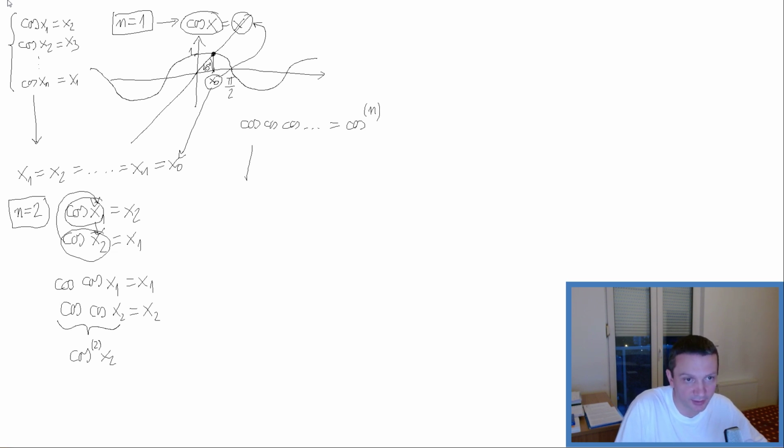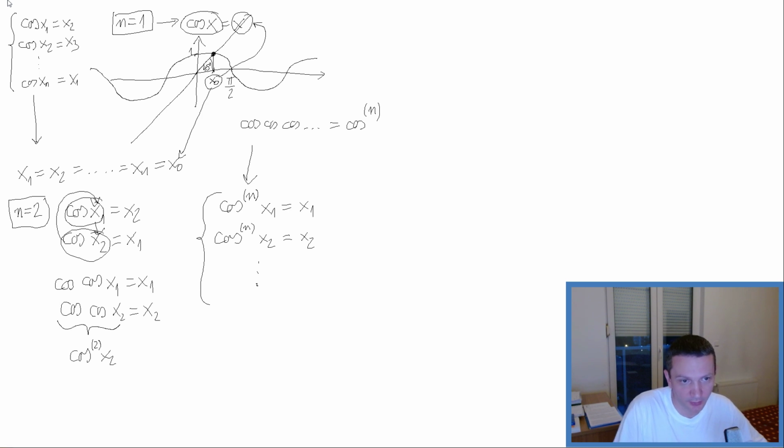So in this general situation, we will again obtain that cosine n times of x1 is equal to x1, and that cosine n times of x2 is equal to x2, and so on for all unknowns.